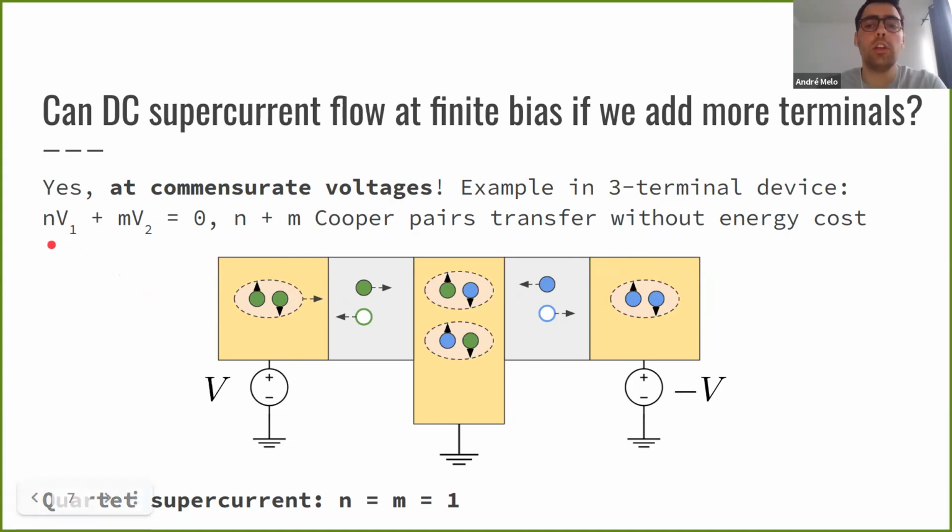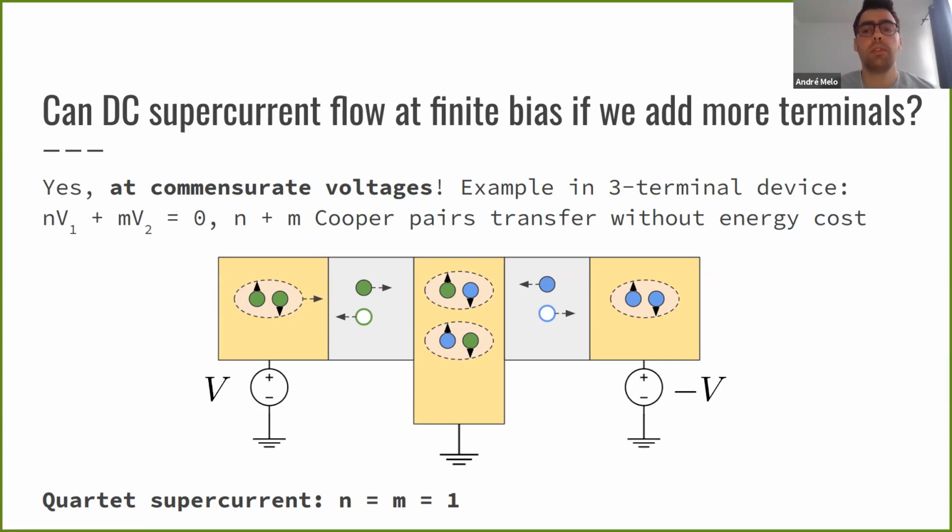So the initial energy is like 2e N V1. I've cut off the 2e here, so just N V1. And the energy of the charge on the right is M V2. The final energy is 0 because I transferred the charges to the central superconductor, which is grounded. So this condition is exactly demanding that there is such a process that transfers this charge without costing energy.